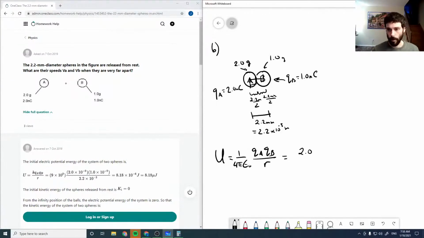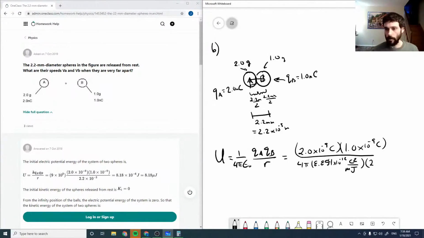So we've got 2.0 times 10 to the minus 9 coulombs, 1.0 times 10 to the minus 9 coulombs, over 4 pi epsilon naught, which is a constant, in coulomb squared per meter joules, and R is 2.2 times 10 to the minus 3 meters. And this comes out to be 8.1705 times 10 to the minus 6 joules.